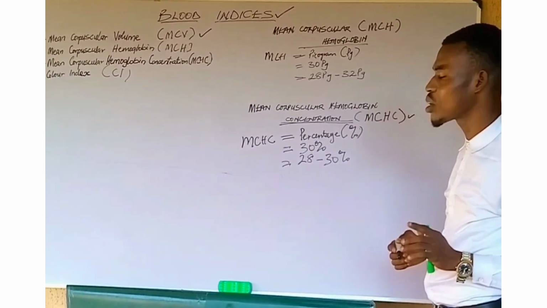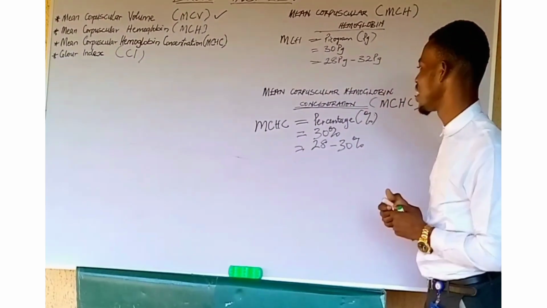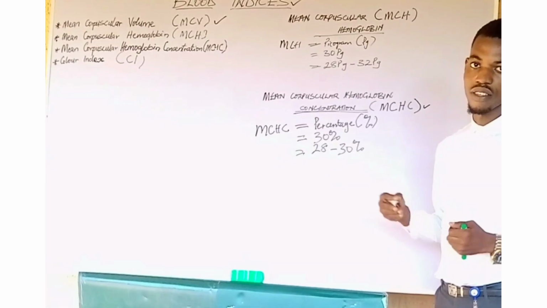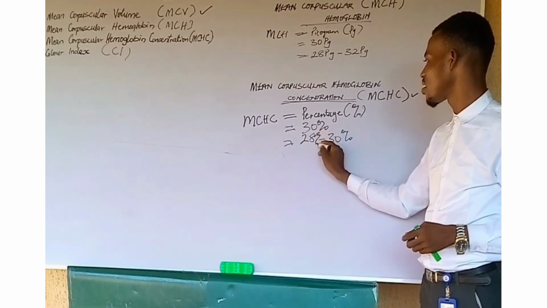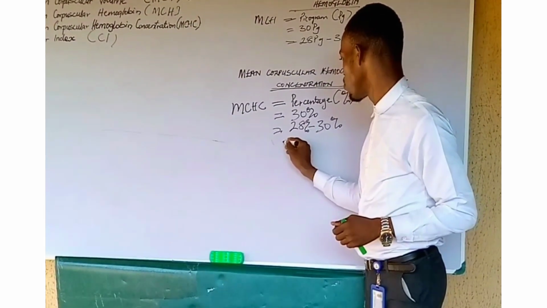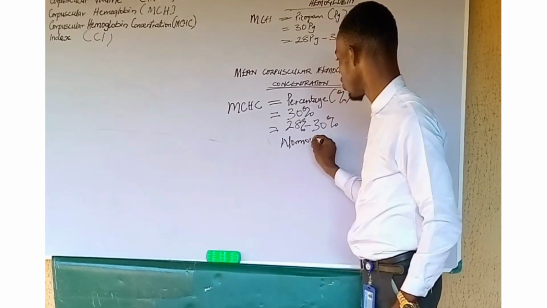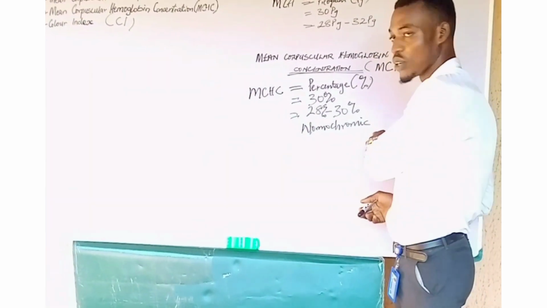Now, mean corpuscular hemoglobin concentration is normal when it falls within this range of 28% to 30%. When it is normal, we call it normochromic. That is when it is in the normal range.